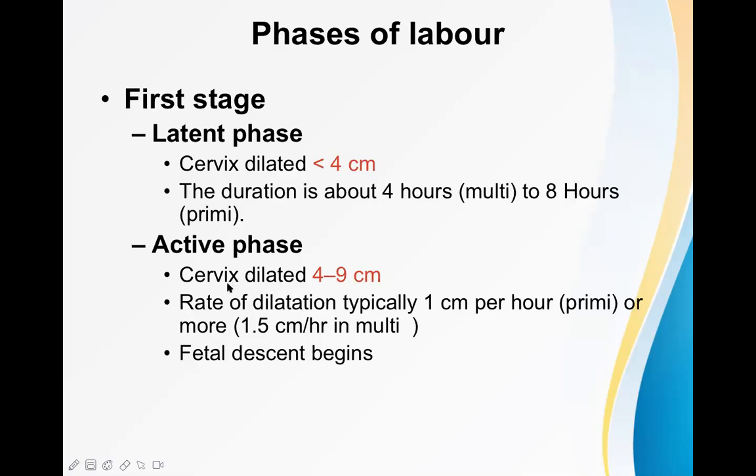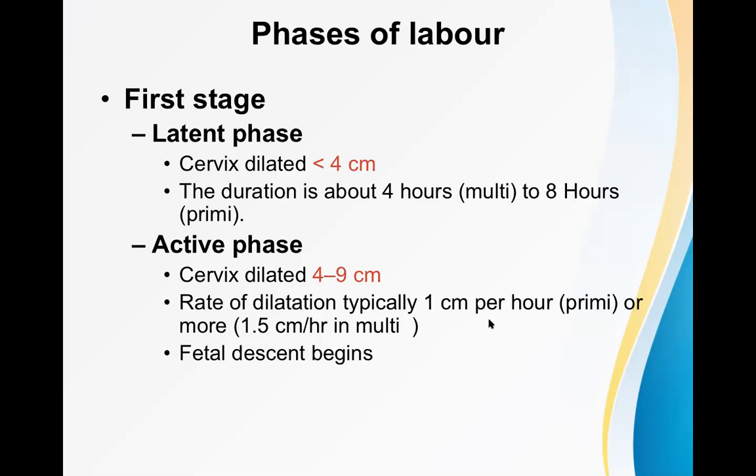In the active phase, the cervix is more dilated, that means after 4 centimeters till full dilation. In this phase, the rate of dilation is typically 1 centimeter per hour in primi, or more than that, around 1.5 centimeters per hour in multigravida.